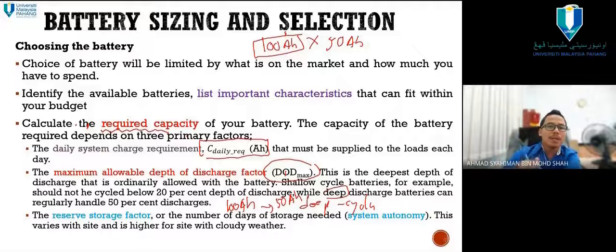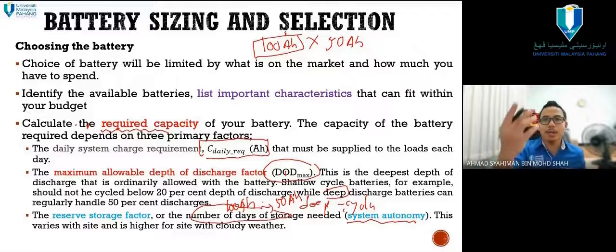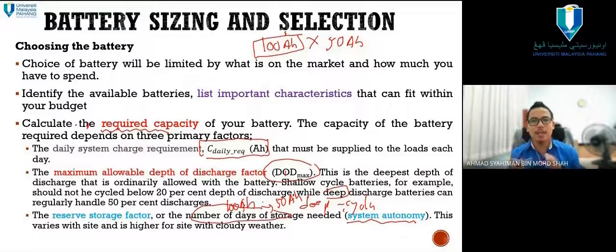Okay, other thing, reserve storage factor or the number of days of storage needed, system autonomy. Okay, the autonomy days we saw at the start. This varies with site and is higher for sites with cloudy weather. This is the number of days of storage. Just now, the daily charge requirement is per day, AH per day.